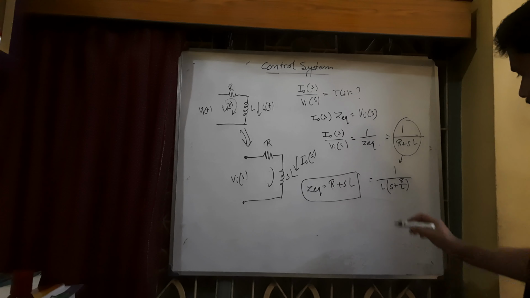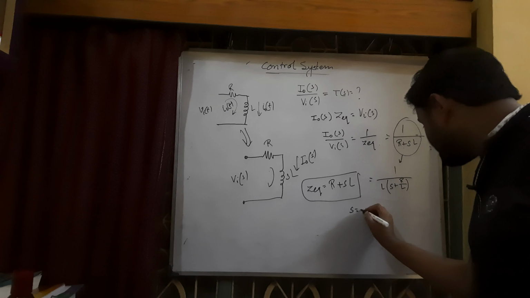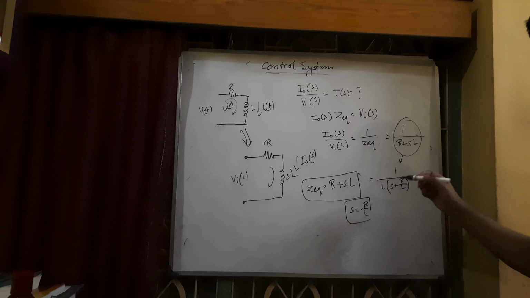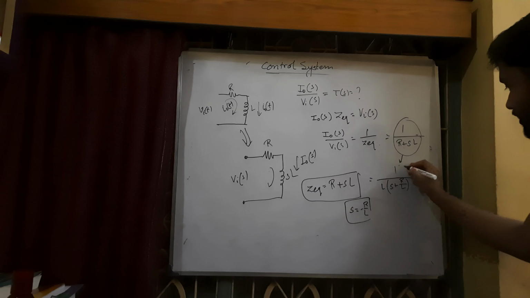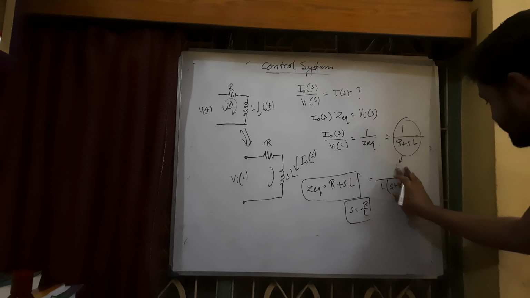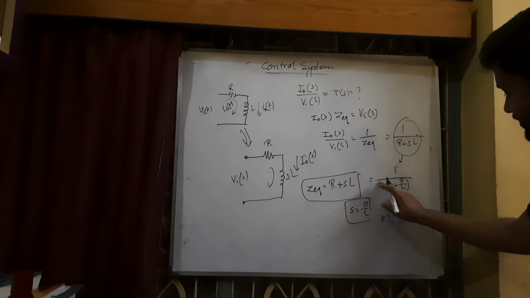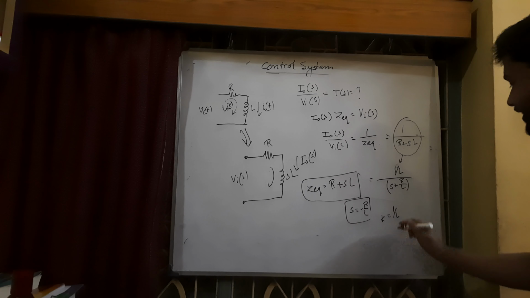Now the pole is at s equals minus R by L, and in pole-zero form there is the constant K. Here the value of K is 1 by L itself, because this L can be on the numerator side like this.